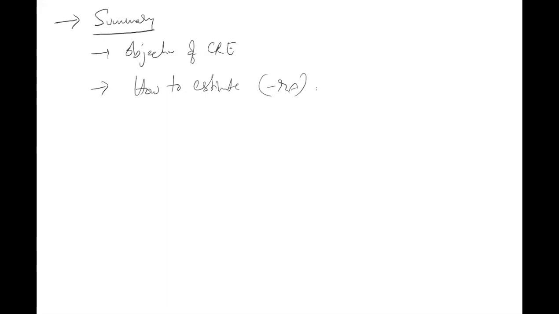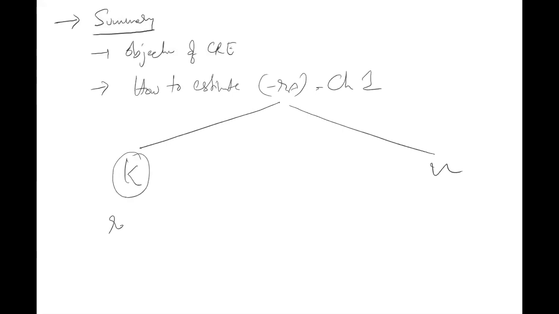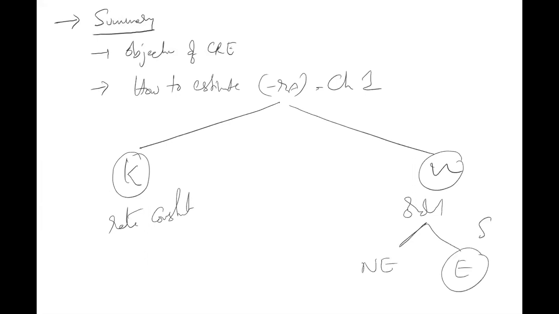This is chapter 1. It consists of two factors: K, the rate constant, and n, the order of the reaction. The reaction can be elementary or non-elementary. Elementary is simple; for non-elementary you have to do experiments. In non-elementary, we have done integral analysis and half-life analysis.